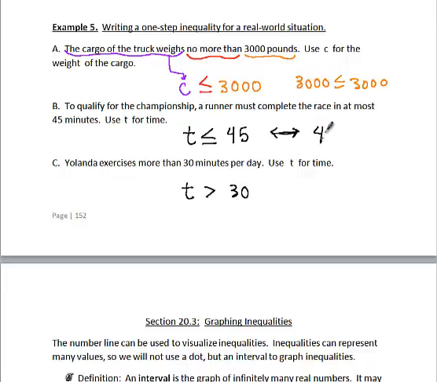We could write 45 is greater than or equal to T for part B. Likewise, we could write 30 on the left for C, reverse the inequality, and so 30 is less than T. And then for A also, we could have written 3,000 is greater than or equal to C. So keep in mind that the order of the inequality can be reversed as long as you also reverse the inequality symbol.